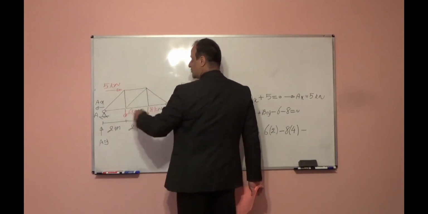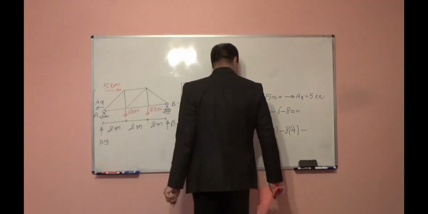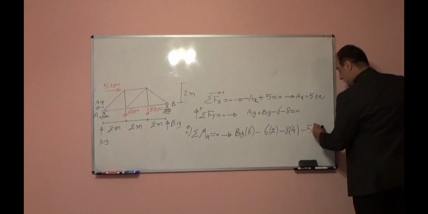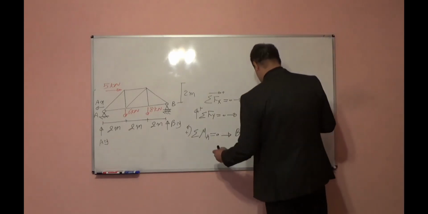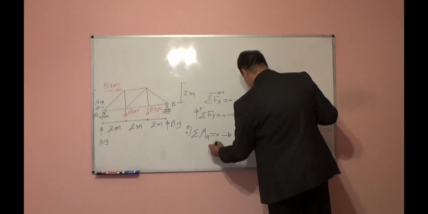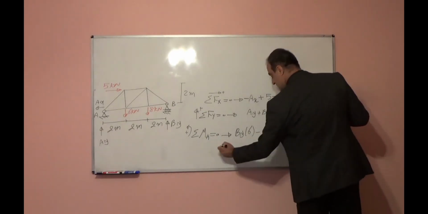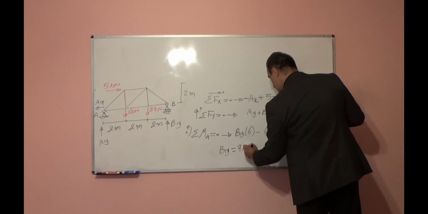Again it wants to rotate this truss with respect to point A clockwise, so negative 5 times 2 is equal to 0. From this equation you will find BY equal to 9 kilonewton.